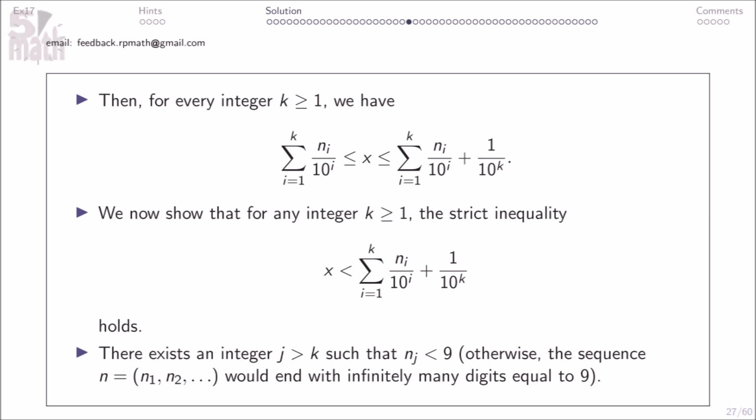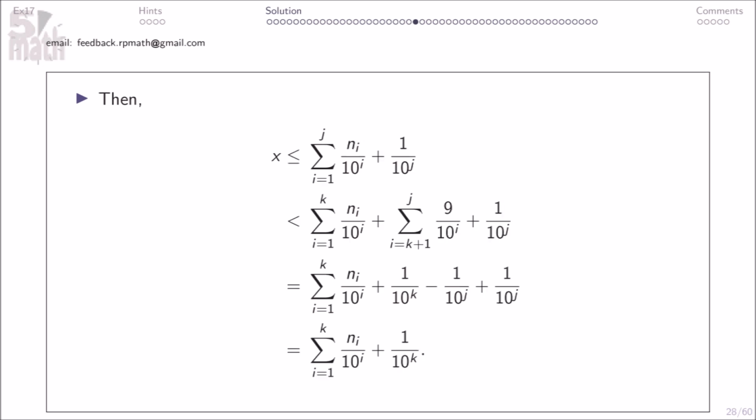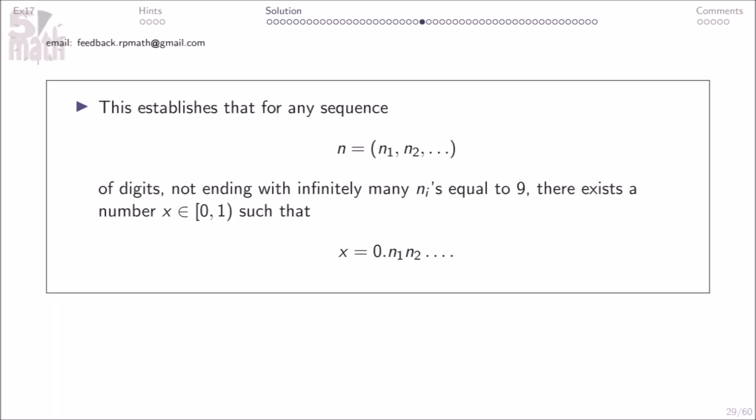Otherwise, the sequence n would end with infinitely many digits equal to 9. Then we have the following. This establishes that for any sequence n of digits not ending with infinitely many n_i equal to 9, there exists a number x in this such that x equals this.